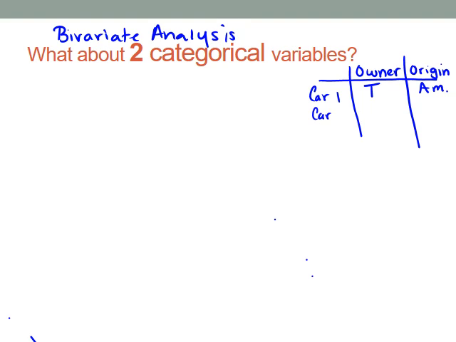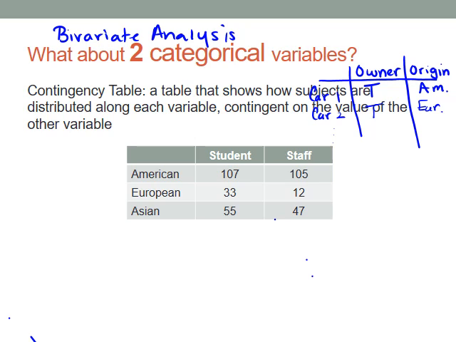For car 2, maybe the owner is also a teacher, but that is a European car, okay, etc. So we're going to go out and gather all that information, but once we have it, it's not really easily understood. I want to see some relationships there. So what we do with that is we create something called a contingency table.